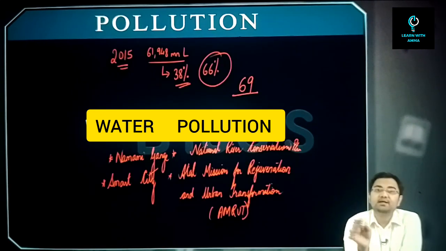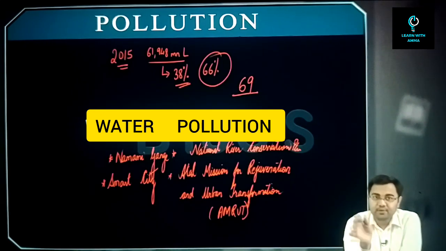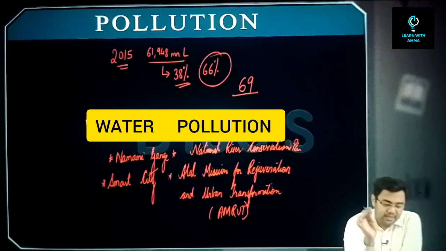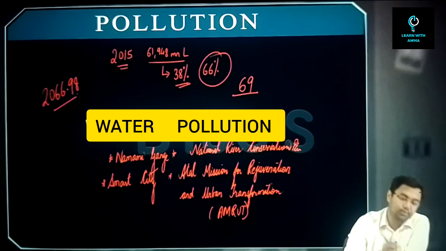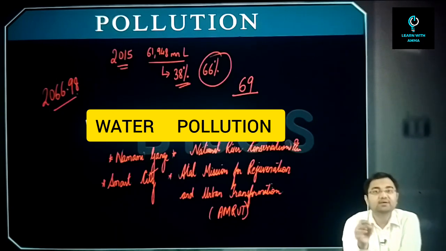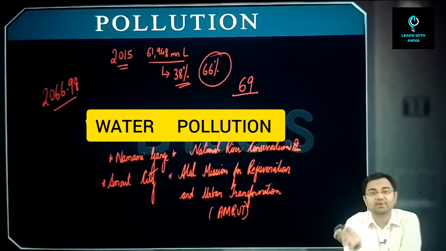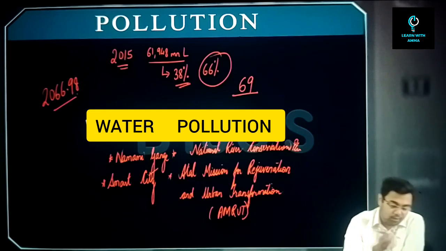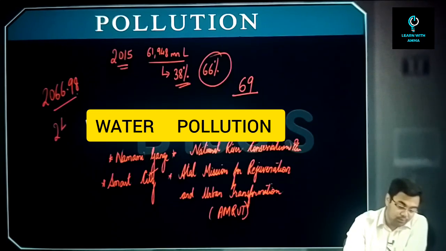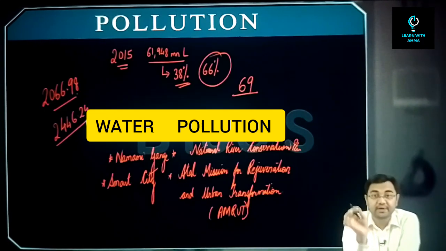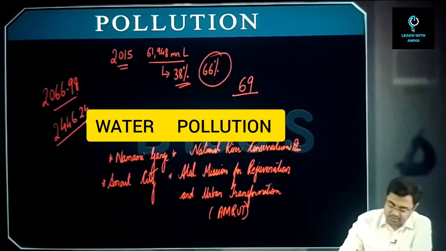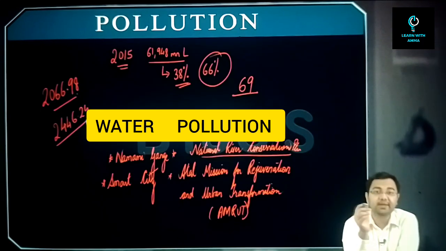Not only this, the Ministry of Environment, Forest and Climate Change has given more than 2,066.98 crore rupees for aiding various projects and sewage treatment plants of capacity of more than 2,446.24 million liters per day under this National River Conservation Plan.